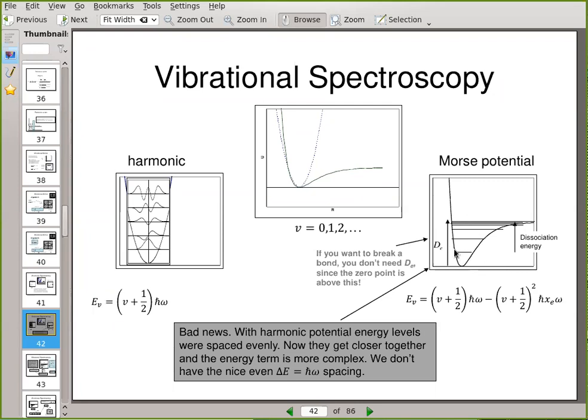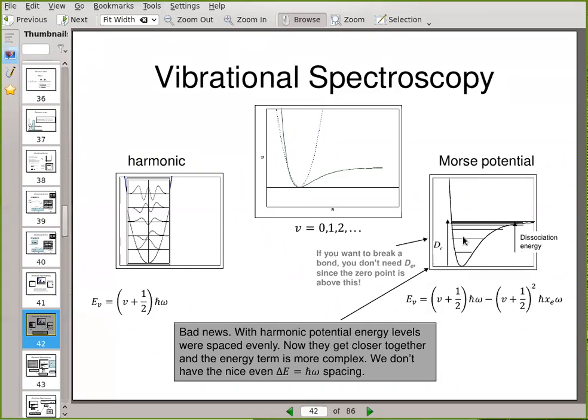Because remember, you can't have no vibration energy. You've always got a zero point. A molecule will never be at the bottom of the energy; they'll always be at the first energy level. So that makes it interesting, because you actually have to put less energy to break a bond than you would expect. The less energy is because it already has some zero point energy, and then you can pull it out of a well like that. But now we need to address this problem.